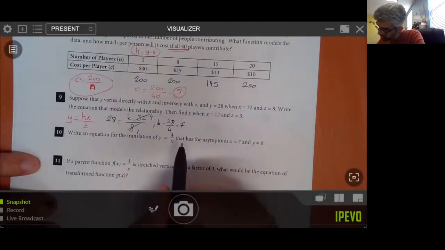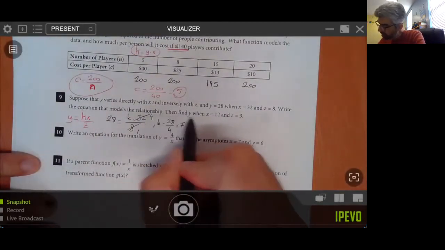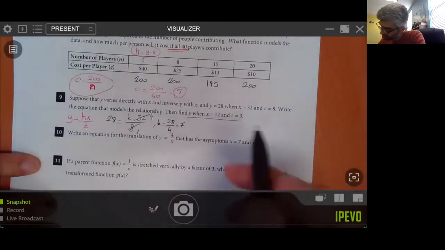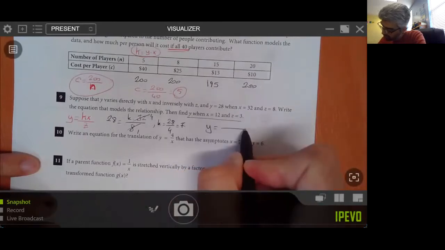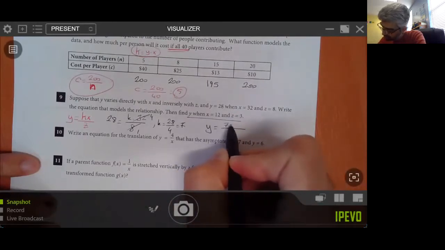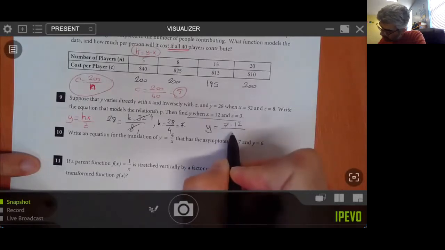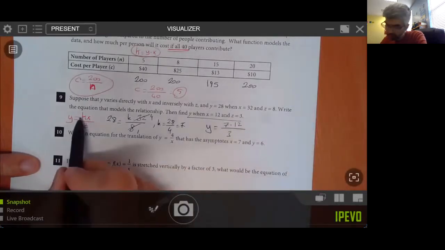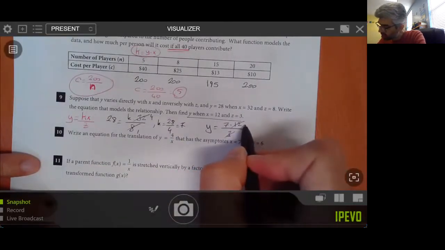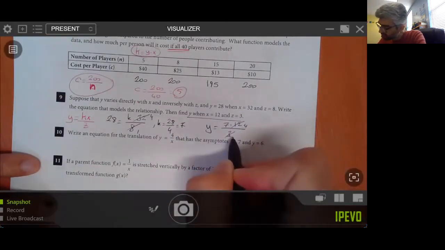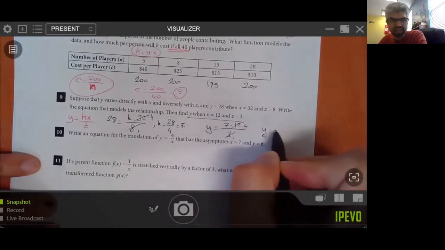And then find the y when x is 12 and z is 3. Okay. Y equals k, which is 7, times x, which is 12, over z, which is 3. From here, I have 4, and y equals 28.